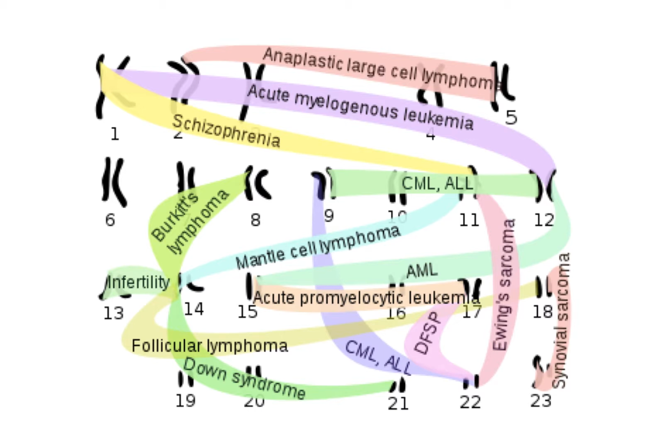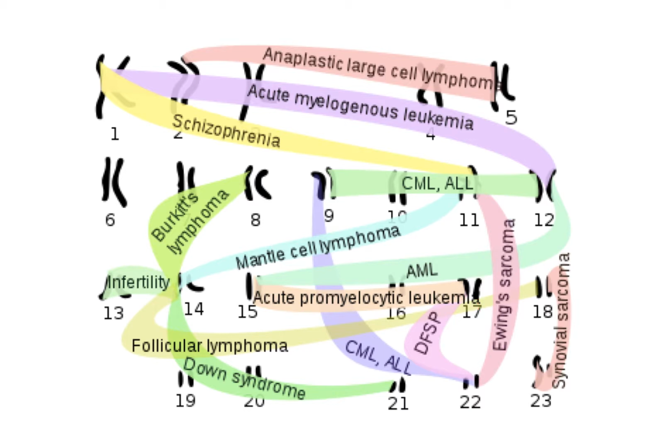So here's a crossover between chromosome 14 and 8, which causes Burkitt's lymphoma, which I've mentioned in a previous video, and then acute myelogenous leukemia, a translocation between chromosome 1 and 12, and follicular lymphoma between chromosome 14 and chromosome 18 over here, Ewing's sarcoma, another type of cancer here, between chromosome 11 and 22.